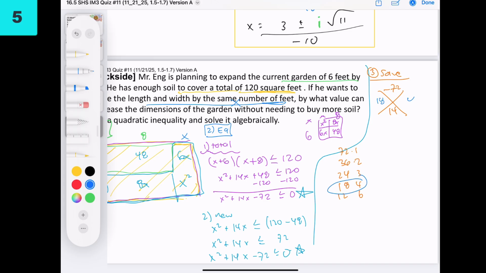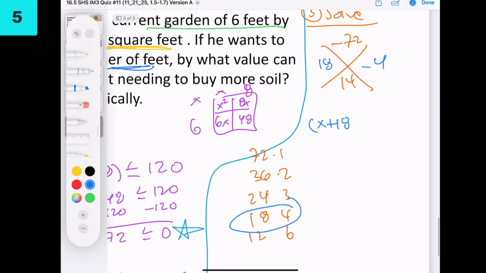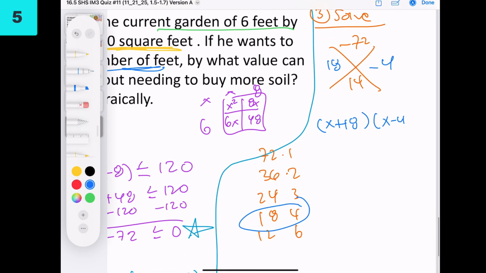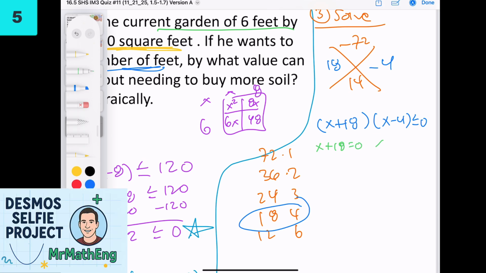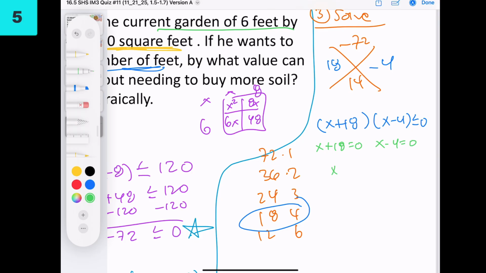So 18 and 4, that'd be negative. So x plus 18, x minus 4 both equal to 0. Solve it.